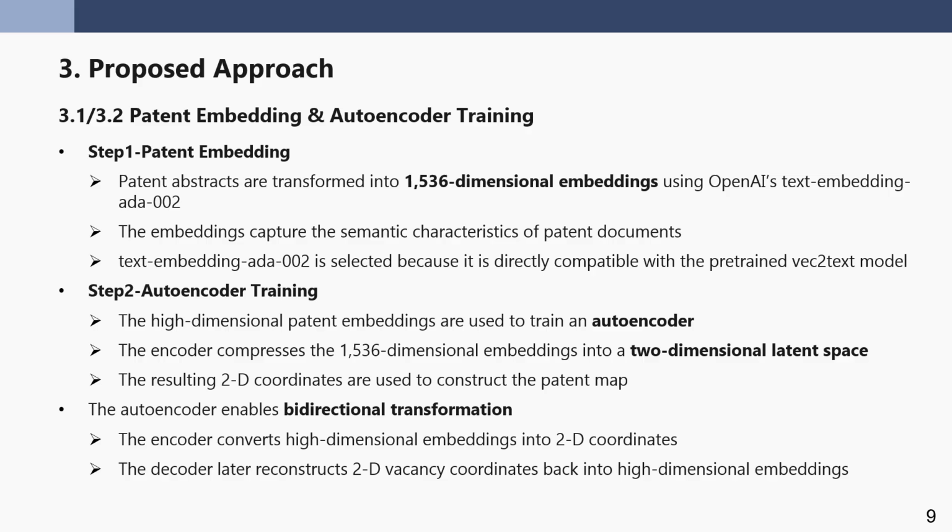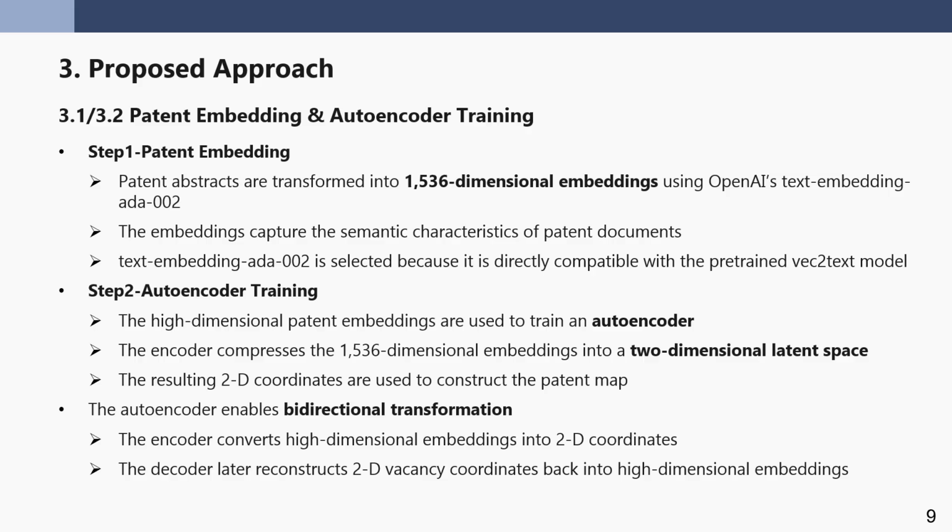In step 2, the high-dimensional patent embeddings are used to train an autoencoder. The encoder compresses the 1536-dimensional vectors into a two-dimensional latent space, and these 2D coordinates are later used to construct a patent map. An important feature of the autoencoder is its bidirectional transformation capability.